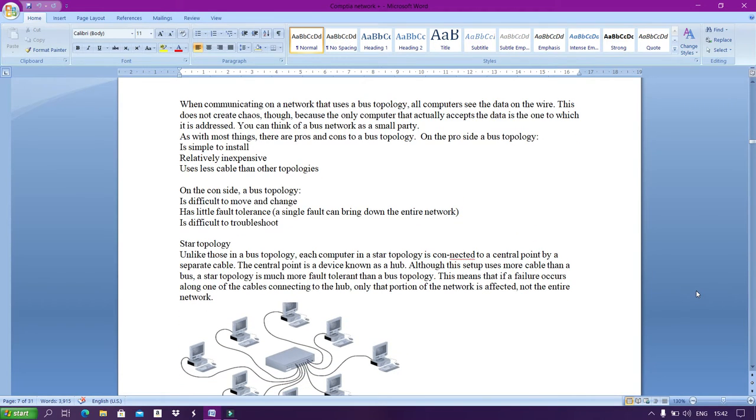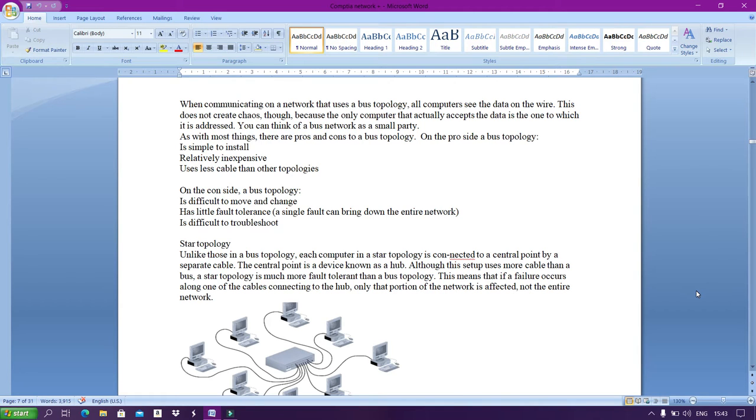When communicating on a network that uses a bus topology, all computers see the data on the wire. This does not create chaos, though, because only the one computer to which the data is addressed actually accepts it. You can think of a bus network as a small party. As with most things, there are pros and cons to a bus topology.